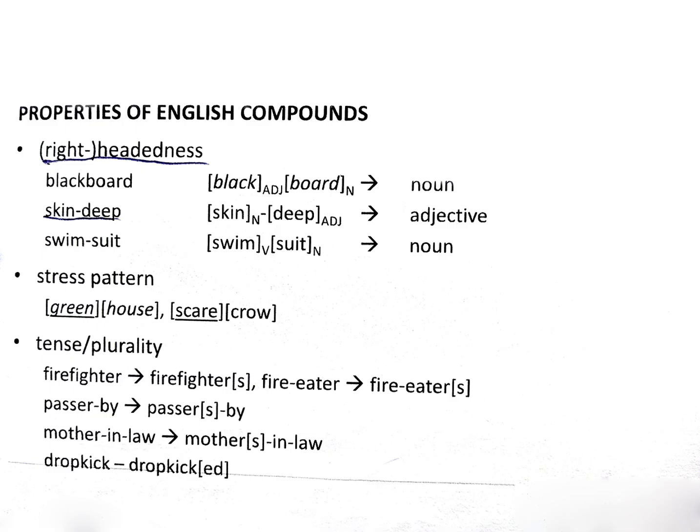So the idea here is that a compound word can be formed by different types of free morphemes. By different types, I mean they can be noun and adjective, they can be verb and noun, and they can be adjective and verb, right?